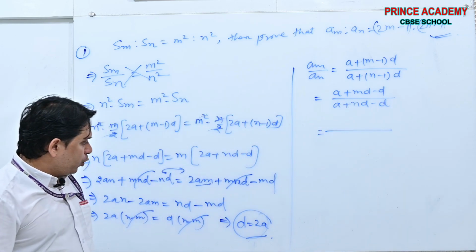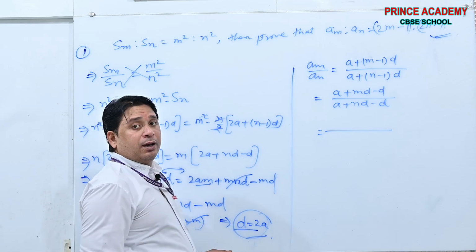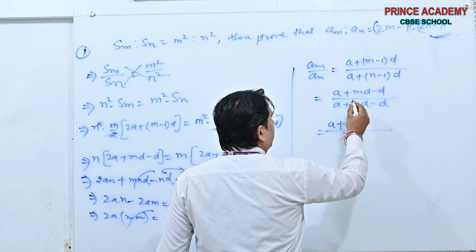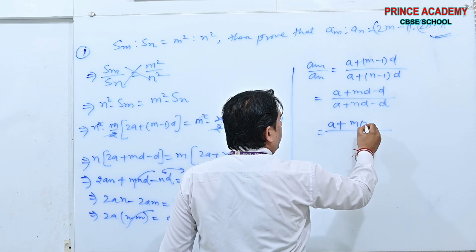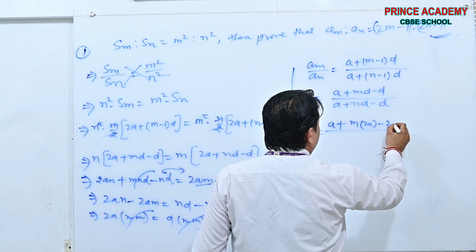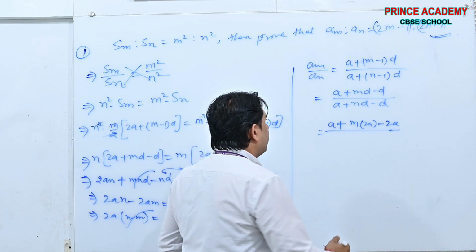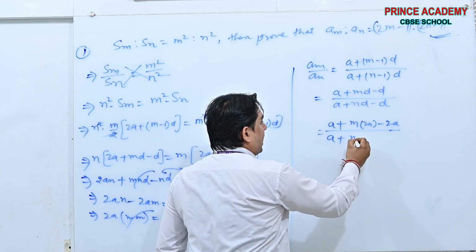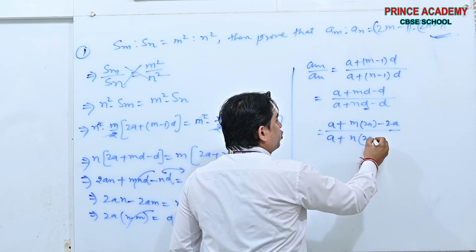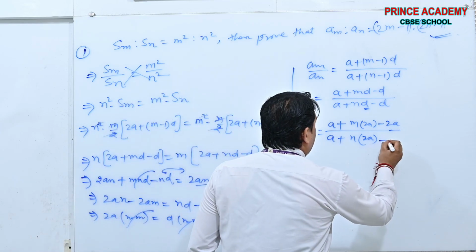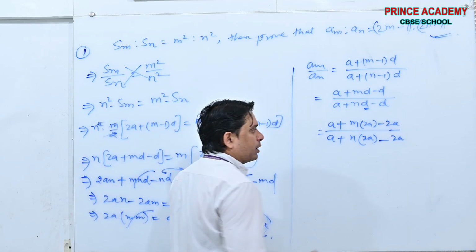Now what do we have to use? We have to put the value of d as 2a. Here is a plus m times 2a minus d, that is 2a. In the same way, in the denominator, here is a plus n. What is the value of d? That is 2a. Replace d with 2a: minus d, that is 2a.